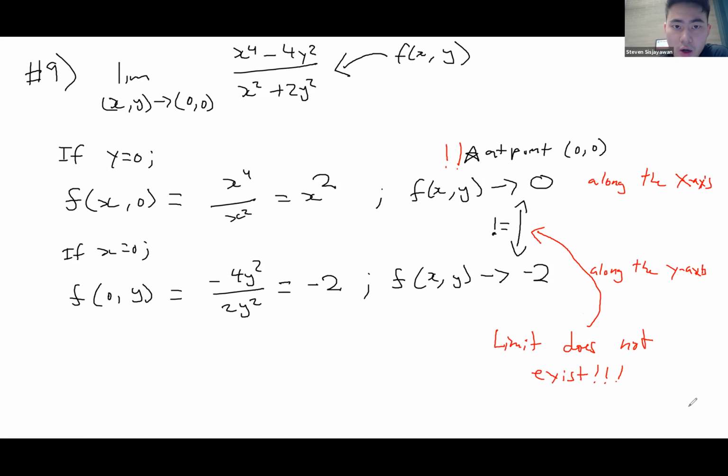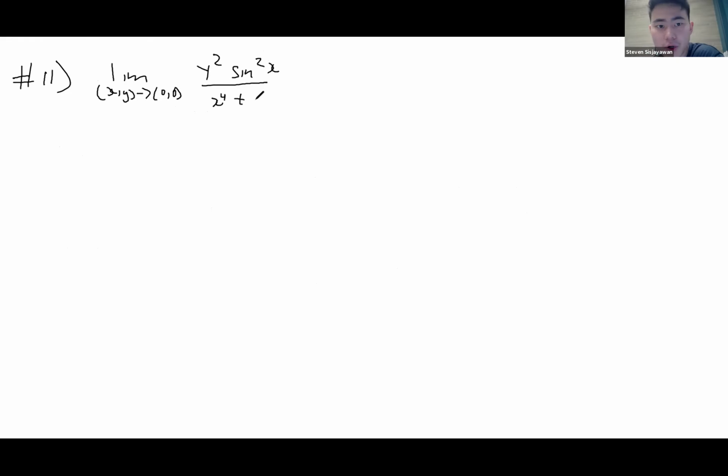So let's say we have, I'm going to pick out number 11 from 14.3. For number 11, we have the limit of (x, y) approaching (0, 0) of y squared sine squared x all over x to the power 4 plus y to the power 4.